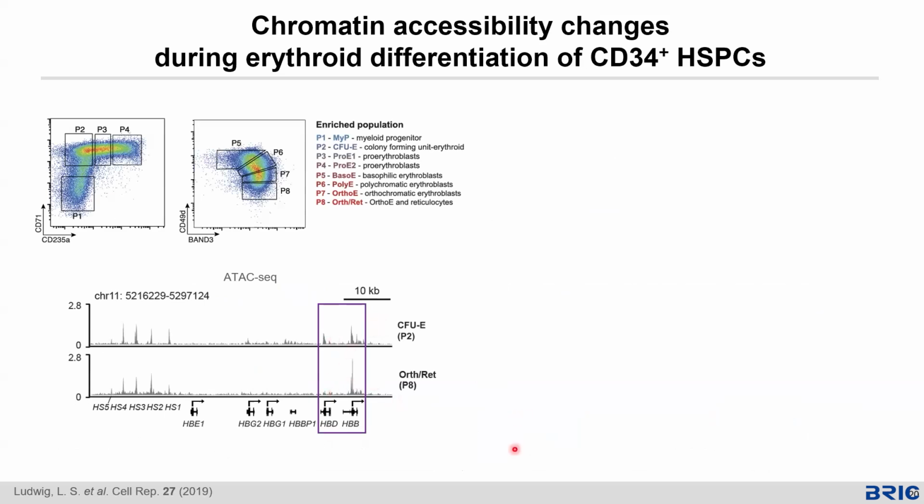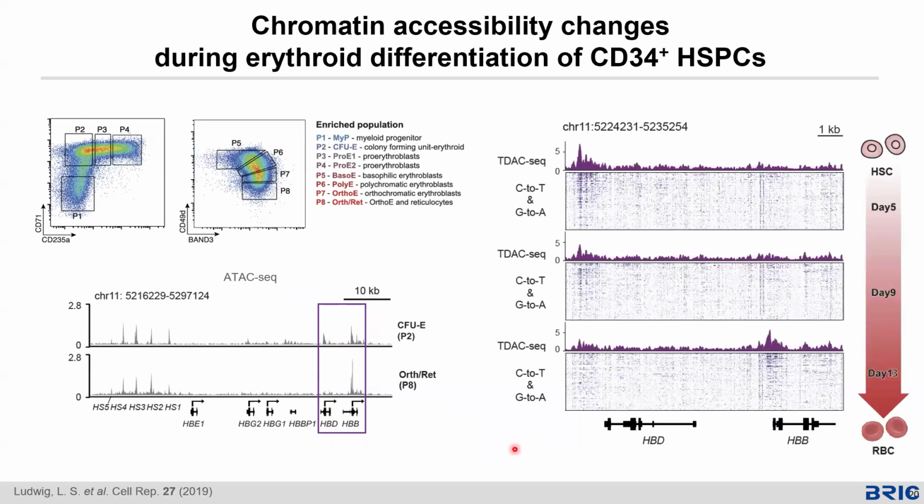I performed Tdaxic at 3 time points during erythroid differentiation, and this Tdaxic spanned both gene promoters and captured the expected changes. You can see that across those 3 time points, HBB becomes more open and HBD becomes more closed. This indicates that our method can also be applied to primary cells.